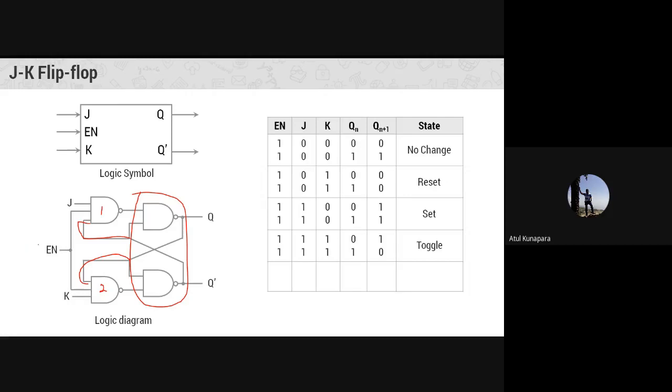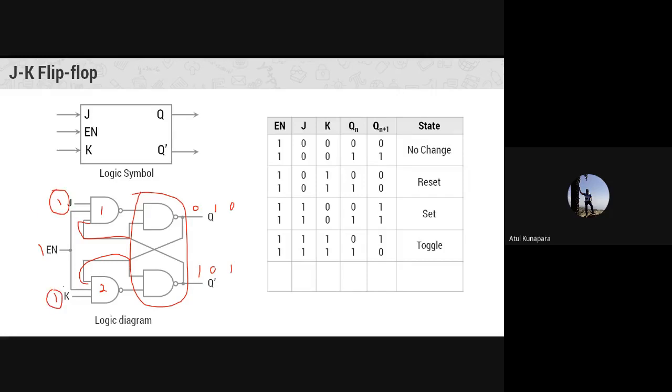See, when the enable signal is set to 1, and you are keeping J equal to 1 as well as K equal to 1, in that case, if your output here is 0 and 1, then when you apply this signal, your 0 will be converted to 1 and this 1 will be converted to 0. And if it is already 1 0, then this 1 will be converted to 0 and 0 will be converted to 1.